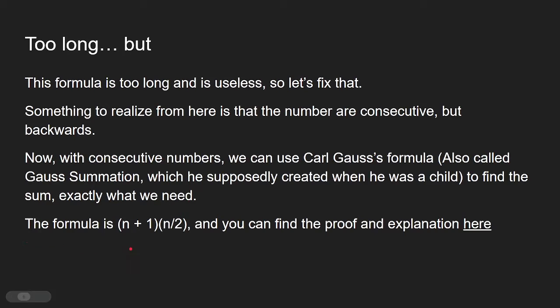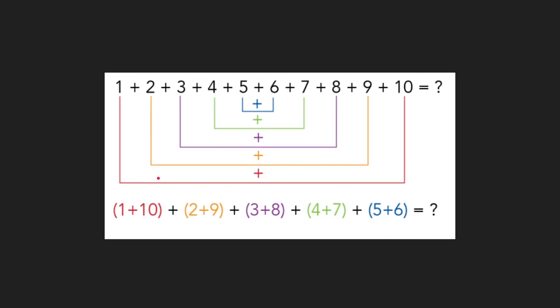So the formula is n plus 1 times n divided by 2, and you can find the proof and explanation here. But a quick explanation would be, so 10 is n in this case because there's 10 terms. So 10 plus 1, which is n plus 1, and that's 11 in this case.